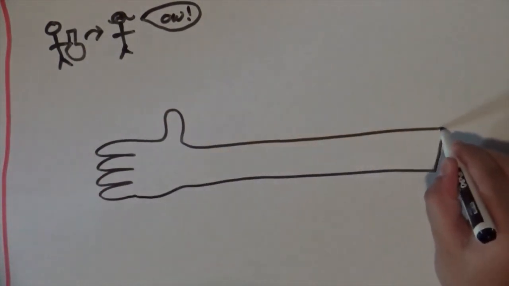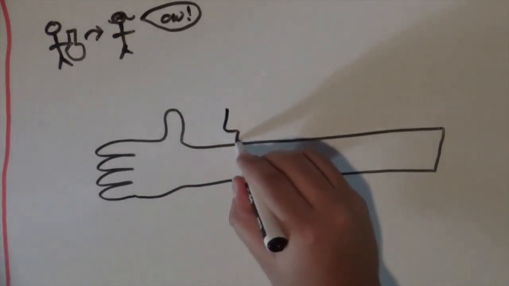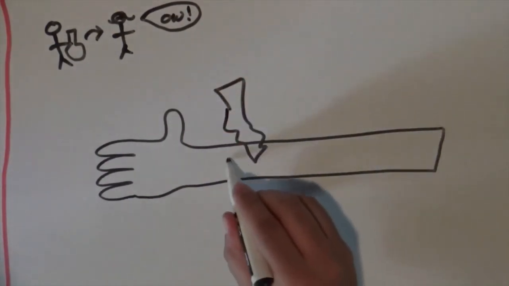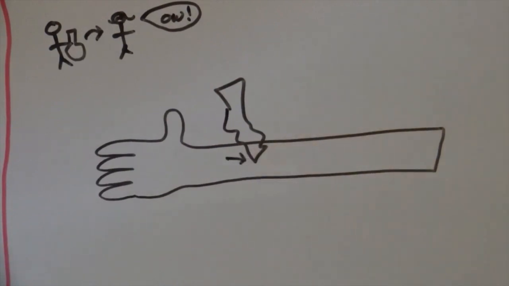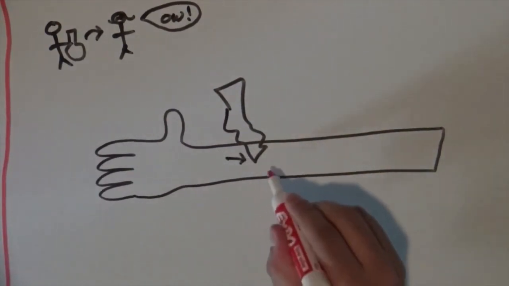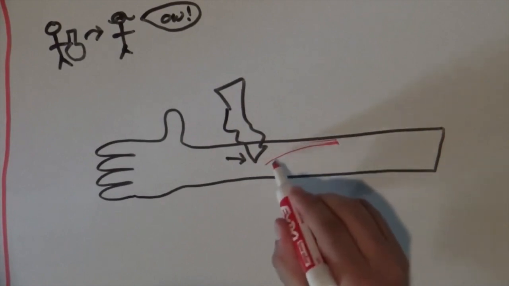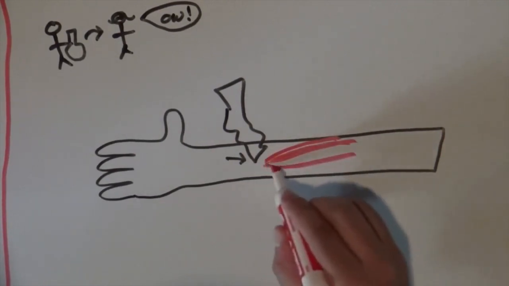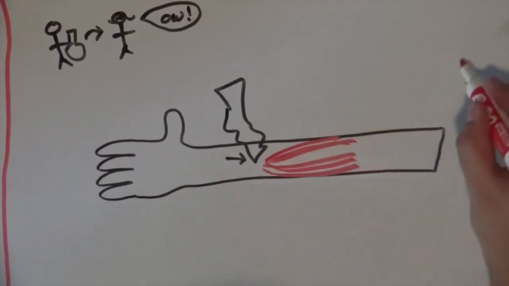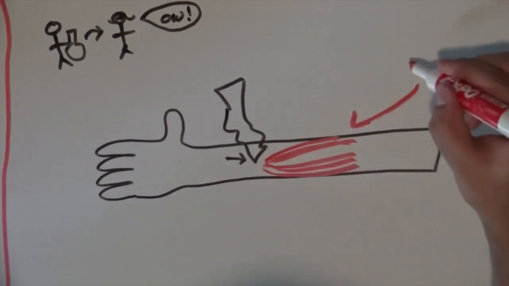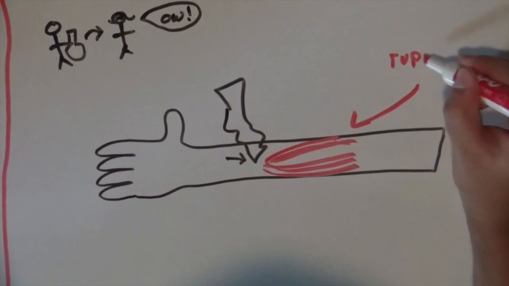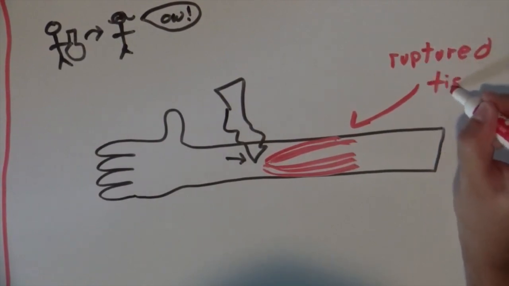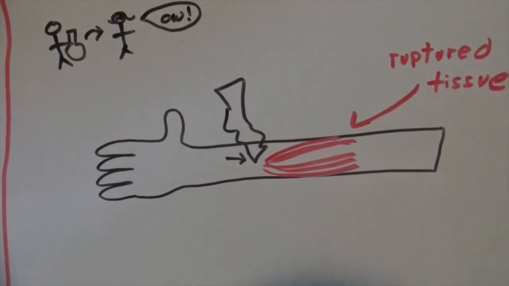Unfortunately, a shard from the bottle is now caught in the arm of the guy with the mustache, resulting in both ruptured tissue and possible nerve damage. Traditionally, such a protocol would require an invasive procedure where the surgeon would have to open up the arm and stitch up both the ruptured tissue underneath the skin and the ruptured tissue above the skin.